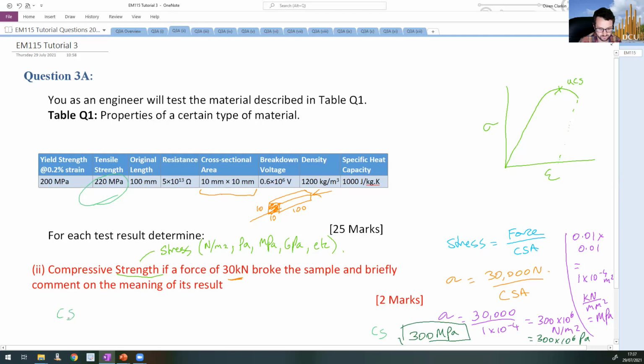Therefore, the compressive strength is greater than the tensile strength. So what kind of a material would typically have a compressive strength greater than tensile strength? Well, typically that would be ceramics. Okay. So it's quite possible that this material is a ceramic.